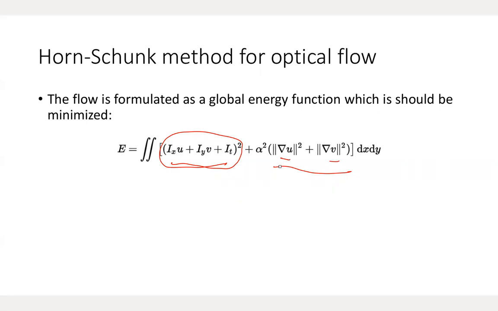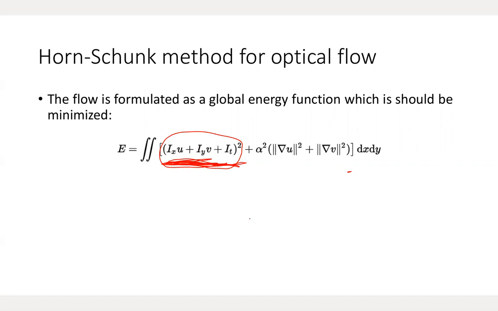If we minimize this whole thing, we want this term to be small, supposedly equal to 0 for each X and Y location.